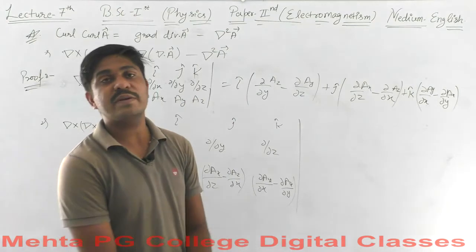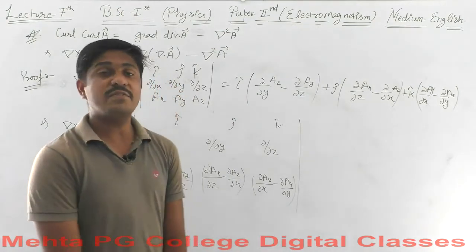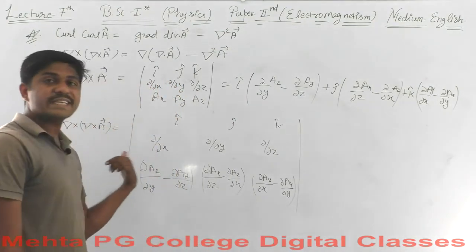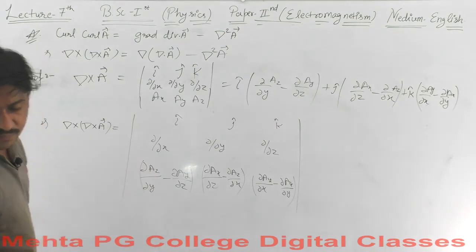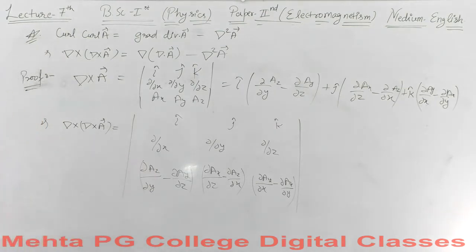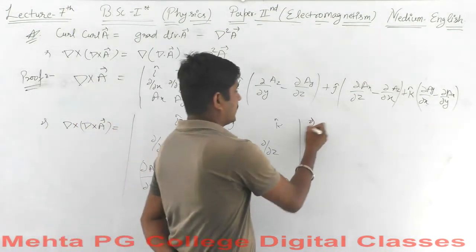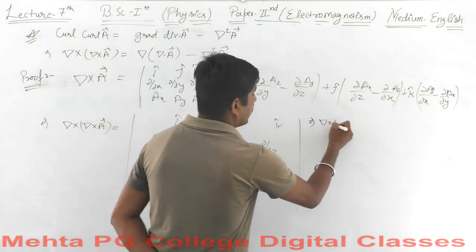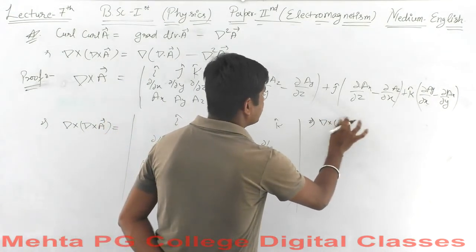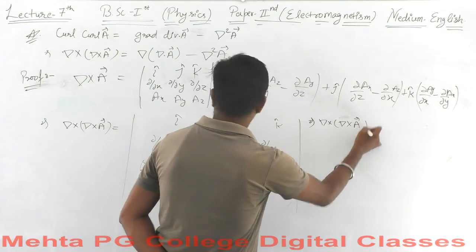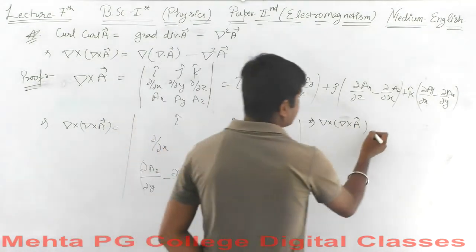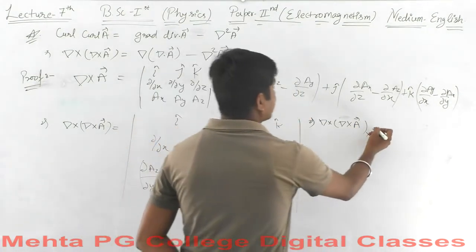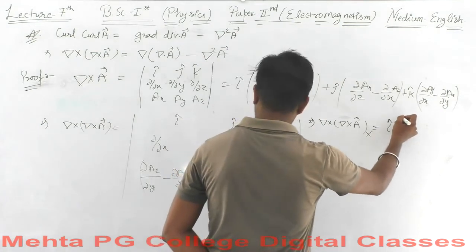So reducing all the complication, stepping towards the simplification, let's find out the x component of del cross A.